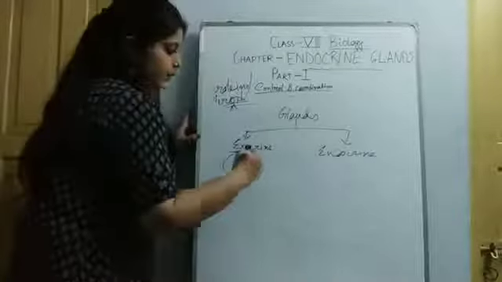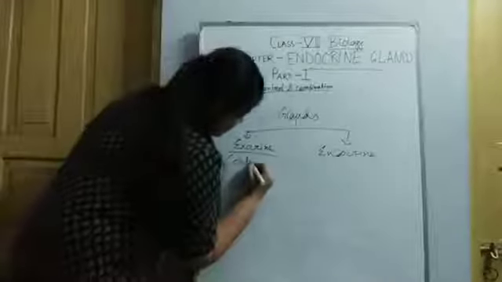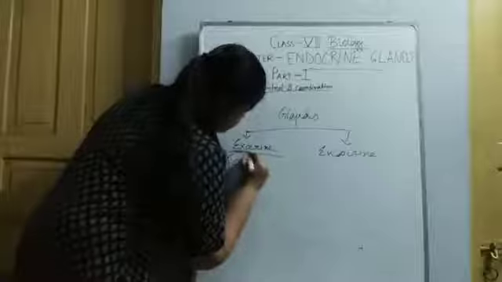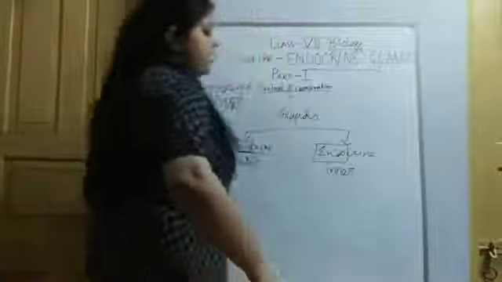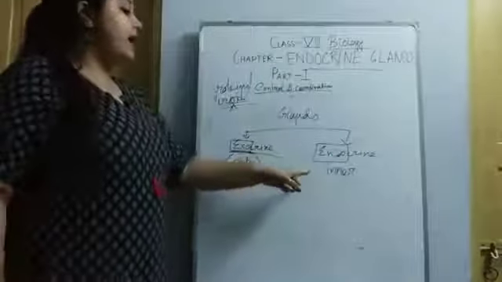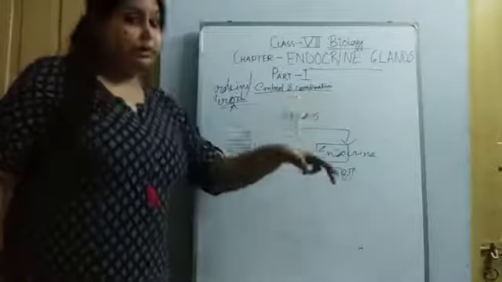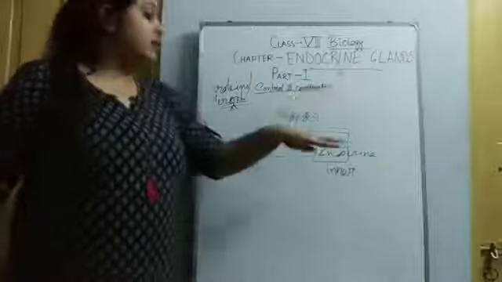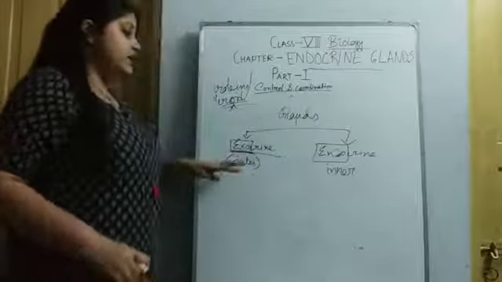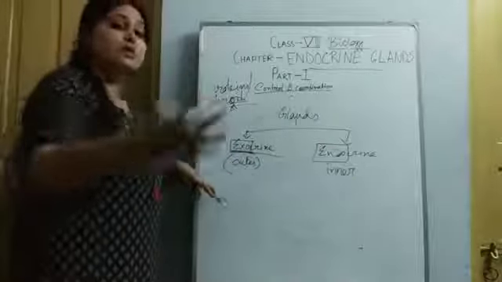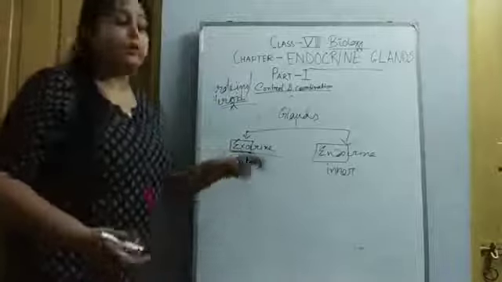Exo means outer and endo means inner. So the name tells us that the glands which secrete inside the body are endocrine glands, and the glands which secrete outside are called exocrine glands.